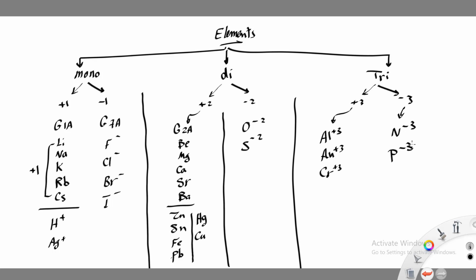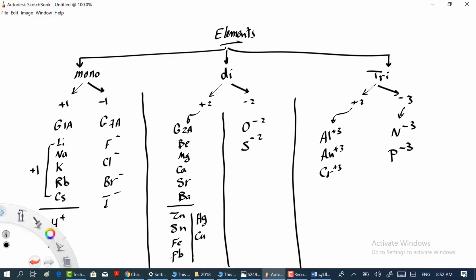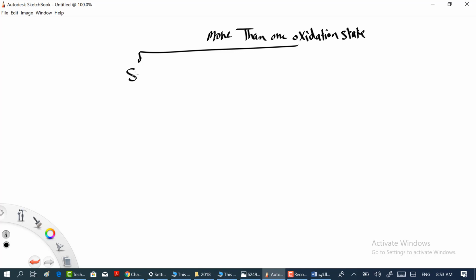Let's talk about the elements that have more than one oxidation state. We find sulfur, which may be di, tetra, or hexa.